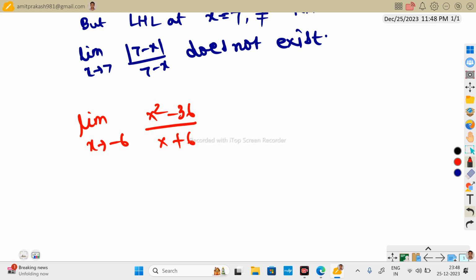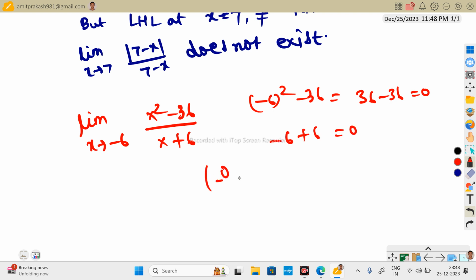If we put x equals to minus 6, in the numerator this becomes minus 6 square minus 36 equals to 36 minus 36 equals to 0, and in the denominator minus 6 plus 6 equals to 0. So this limit is in 0 by 0 indeterminate form.